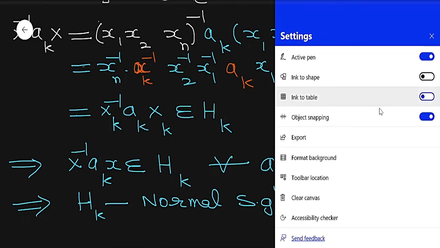Now to prove the second part, the B part, that is, the intersection consisting only of identity elements.